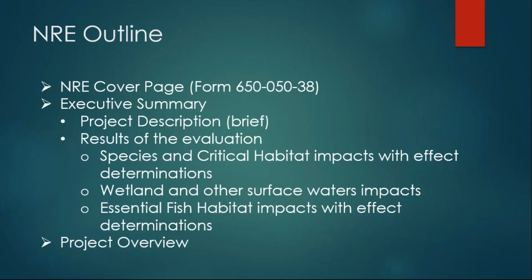So whether it be protected species, what did you find there, what your wetland impacts are, what your essential fish habitat impacts are, and then you'll also include a project overview.